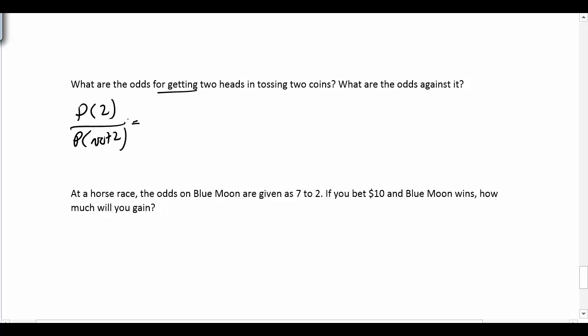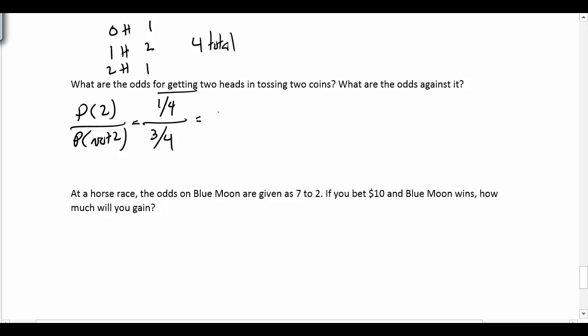Well, if you think back to our little experiment before, we had 0 heads, 1 head, and 2 heads looking at coins. So this was 1, 2, 1. One way that we could have 0 heads, 2 ways we could have 1 head, and 1 way to have 2 heads, out of 4 total. So the probability of getting 2 heads would be 1 out of 4. Probability of not getting 2 heads would be the others, so 3 out of 4.